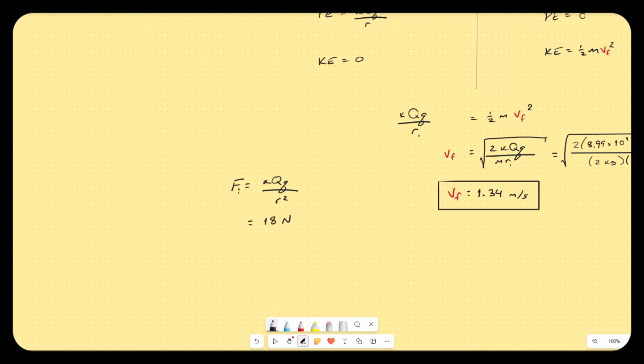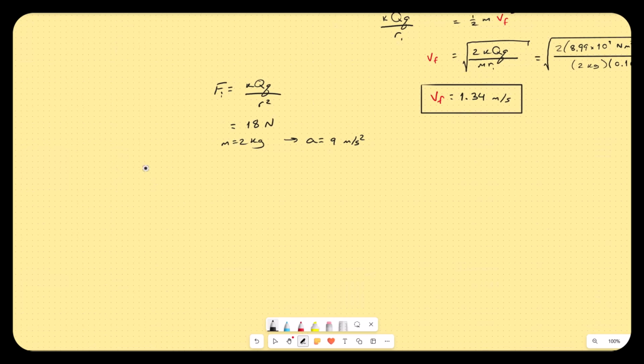I've got a mass of 2 kilograms, which means I get an acceleration at maximum of 9 meters per second squared. Now that is not quite gravity, but I'm getting pretty close. Once I get out to 20 centimeters away, I'm doubling my distance. This number at the bottom is doubling, but that's being squared, so this is going to divide by 4.